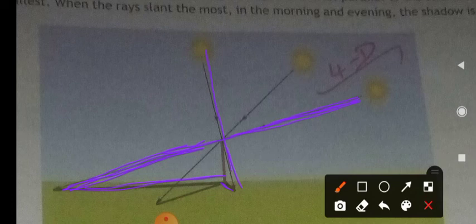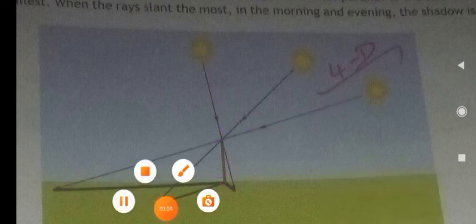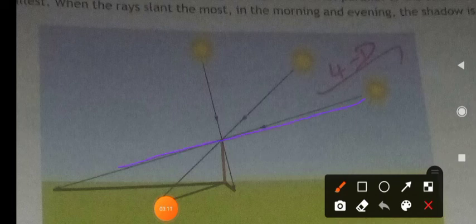Did you understand this? The length of the shadow changes with the angle between the rays of the sun and the stick. When the sun's rays are more slanting, the shadow will be longer. When the rays are more vertical, the shadow will be short. Is it clear? Yes, that's good.